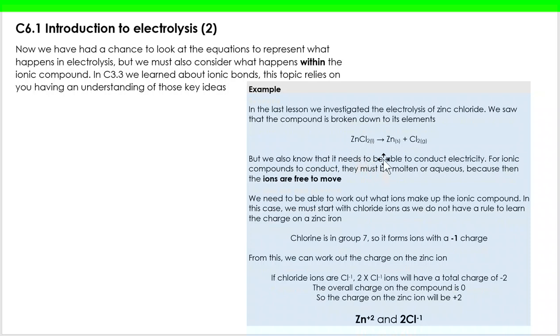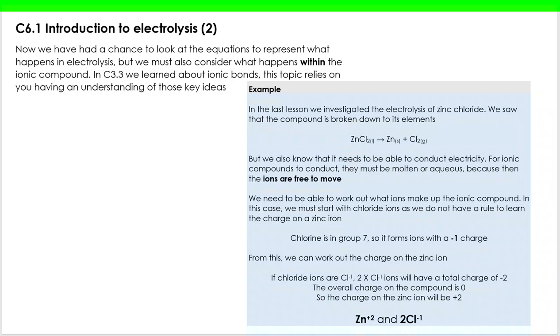Now, you are expected to remember the charges on common ions, but there are ways that you can help yourself to remember that. Chlorine is in group 7. Group 7 will always form ions with a -1 charge. That means that my Cl minuses, if I've got 2 of them, my zinc must be +2 to balance that out, because the overall charge on a molecule or on an ionic compound is 0.